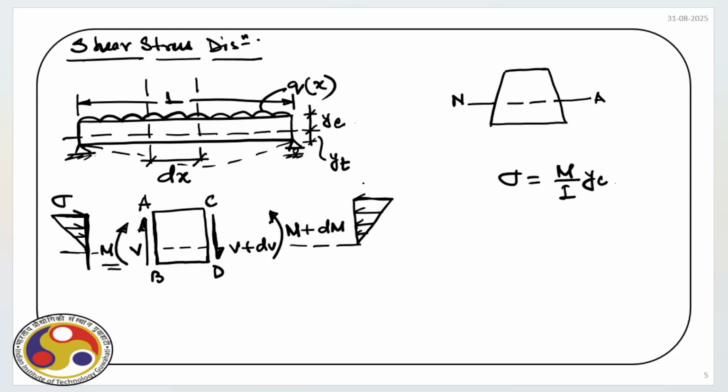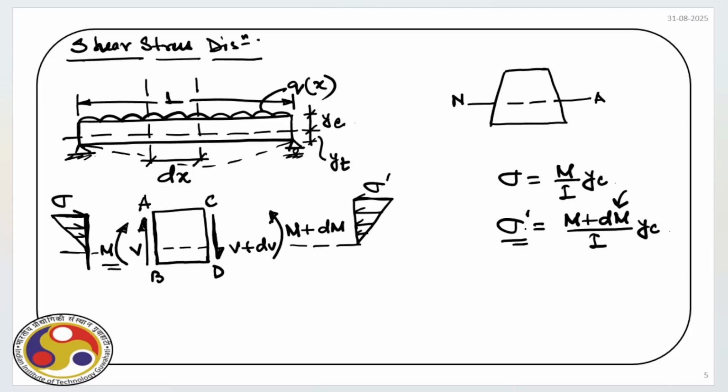Similarly, on the right face, we will have sigma prime. Sigma prime is what? The bending moment acting at that face, so we have M plus dM divided by I times YC. Obviously, on the right face, because we have additional bending moment, the bending stress will be more.